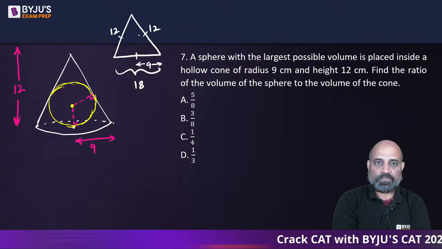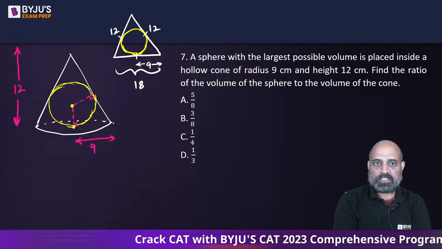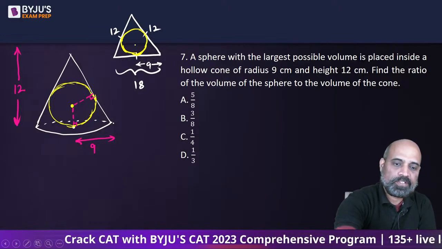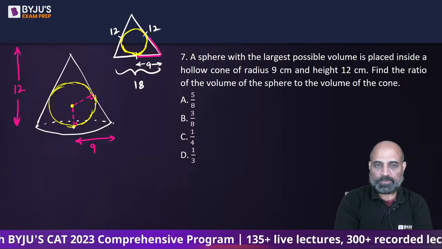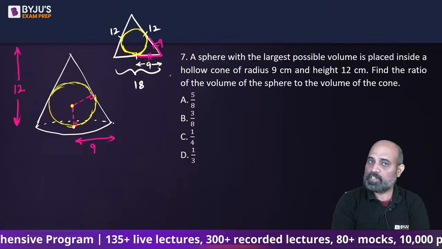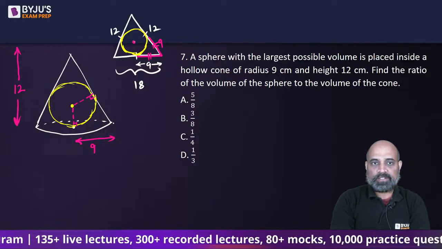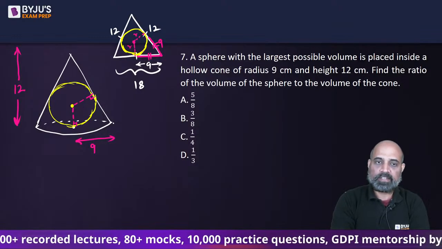And inside this, we have a circle. Now, this circle is going to have distances, which is going to be both equal to 9. Reason being, these are like tangents from an external point. And we need to find out the radius, right?